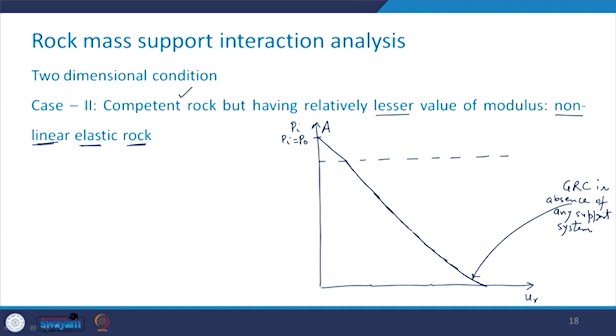Okay. Now, from the point A up to this point B, in this zone we have the linear response, and then beyond this we have the non-linear response.